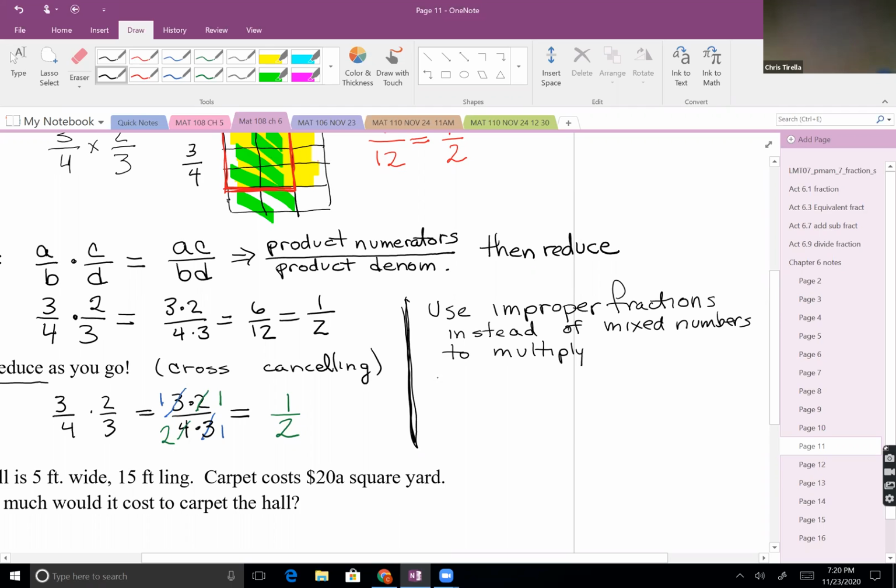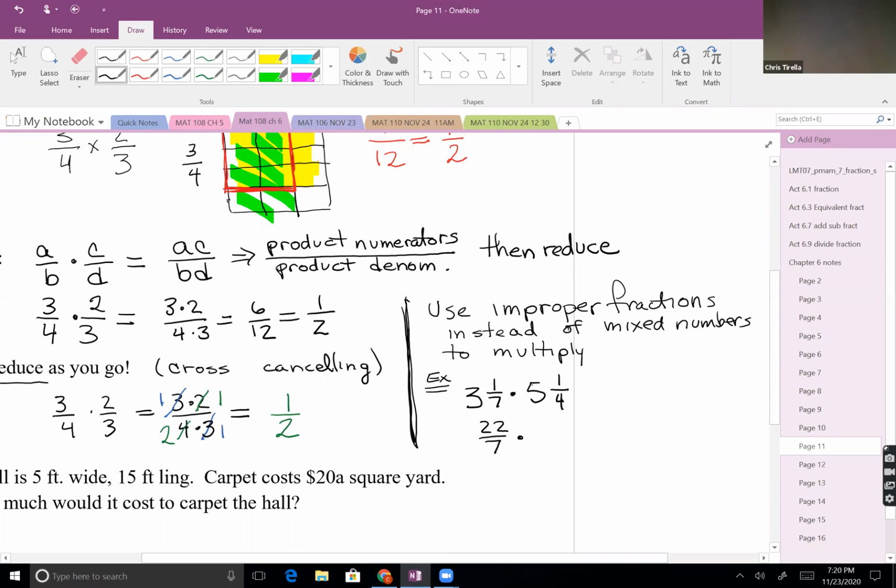So for example, if I have 3 1/7 times 5 1/4, I would take that mixed number 3 1/7 and again change it into an improper fraction. 3 times the 7 would be 21, plus the 1 is 22/7.